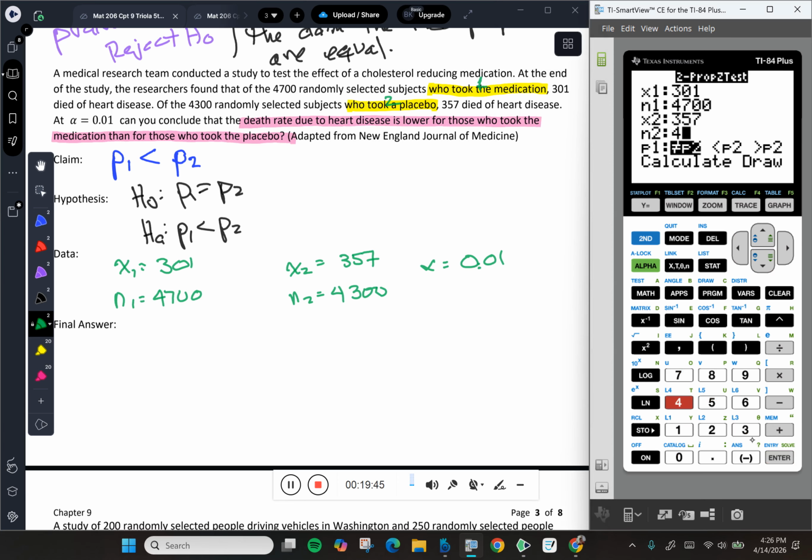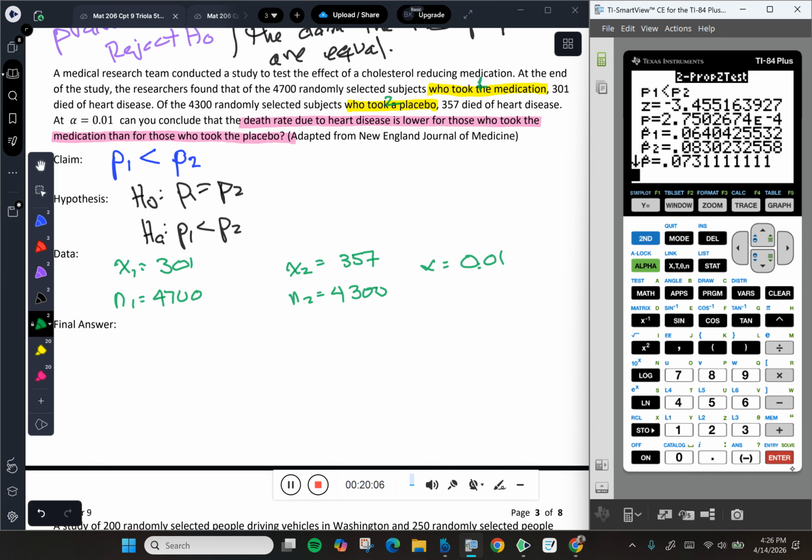N2 is 4,300. And I want P1 to be less than P2 for my alternate hypothesis, so I'll select that, and then I'll ask it to calculate. It calculates. I got a z of negative 3.5, essentially. I've got a p-value. Look at that p-value.